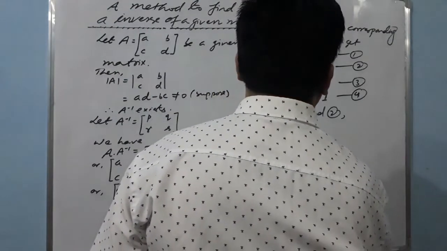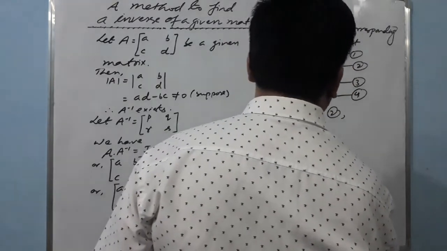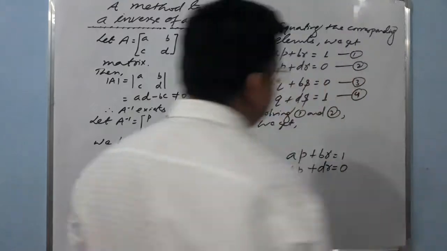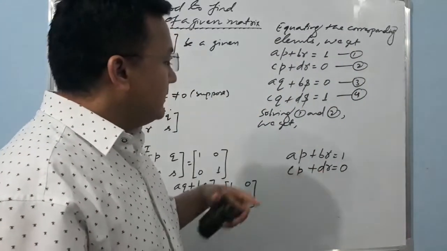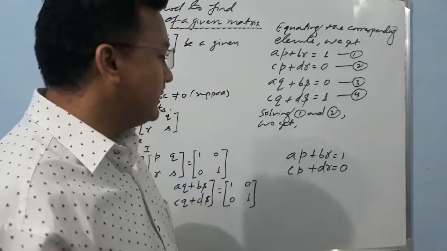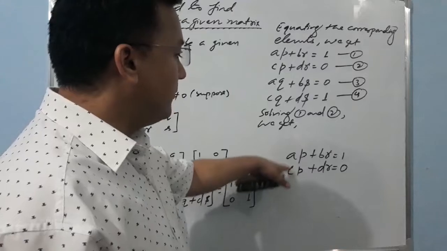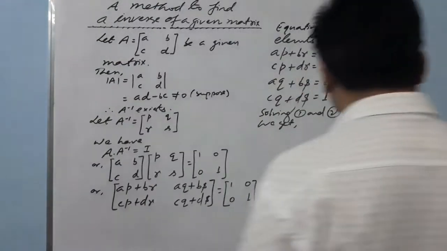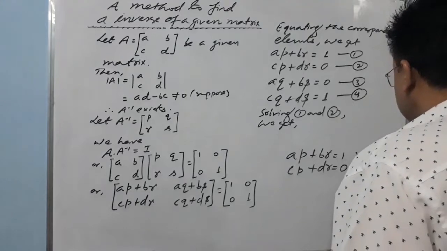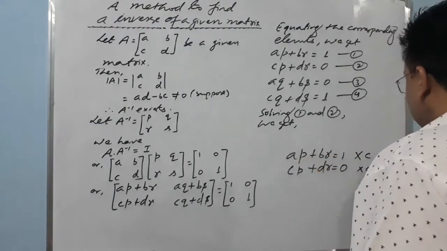Here, AP plus BR is equal to 1, and CP plus DR is equal to 0. From these two we can find either P or R. Let's make the coefficients of P equal: multiply the first equation by C and the second equation by A, the whole things.